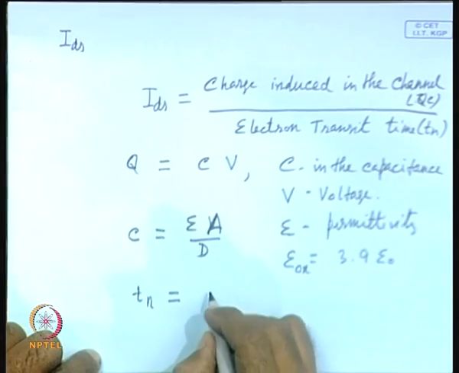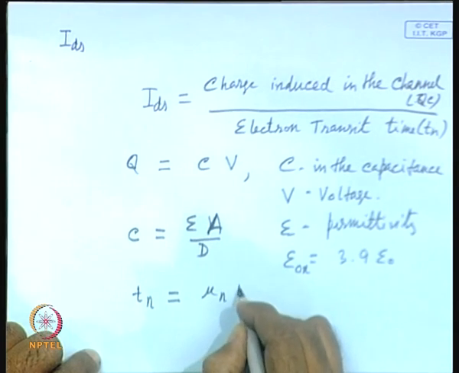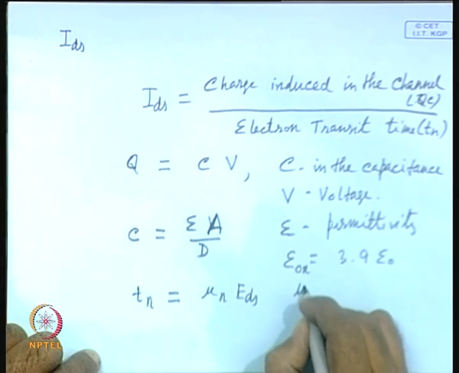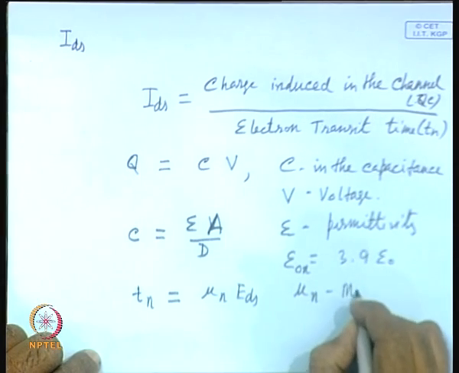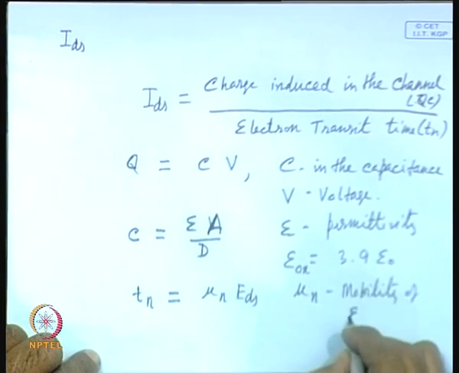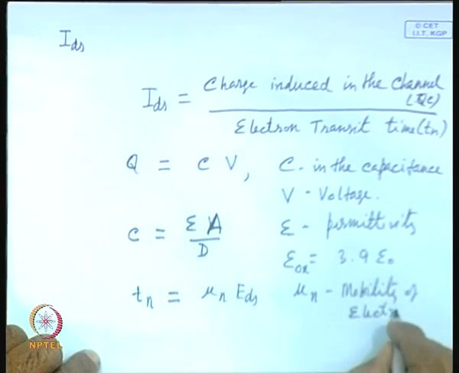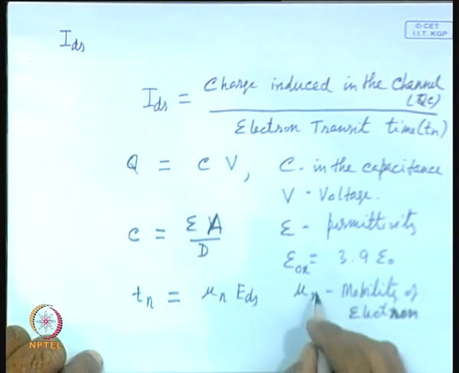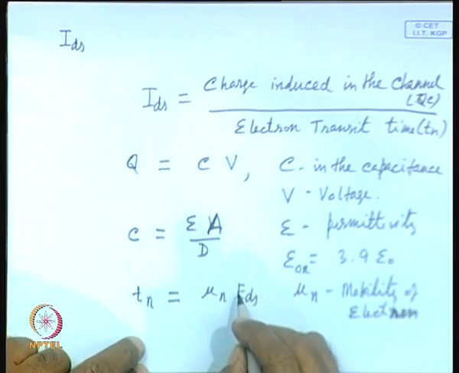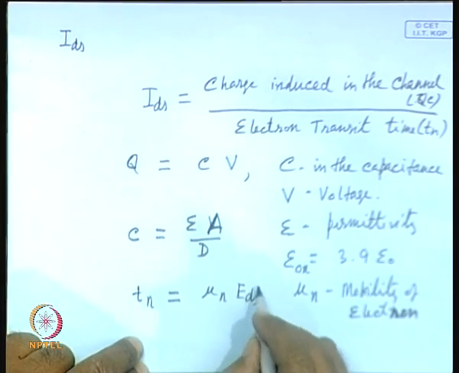So, we can say that the transit time Tn will be the length divided by mu n into EDS. Here mu n is the mobility of electron. We are considering an NMOS type transistor, so the charge carriers are electrons, and that is why we consider the mobility of electron, and EDS is the drain to source electric field.